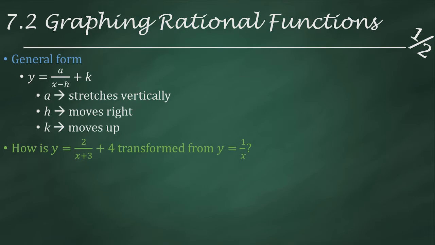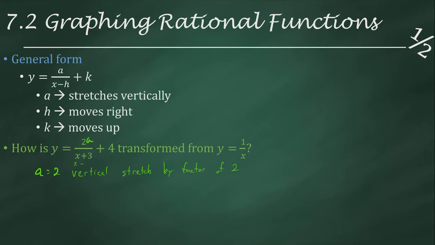So how is this function, y equals 2 over x plus 3, plus 4, transformed? Well, we can see that the 2 is our a, so that is a vertical stretch by a factor of 2, so it's twice as tall, in other words.